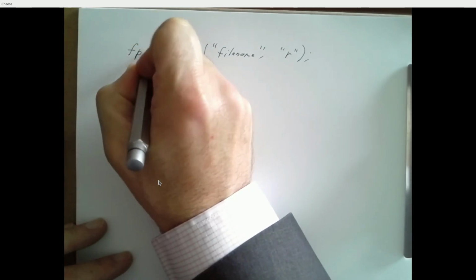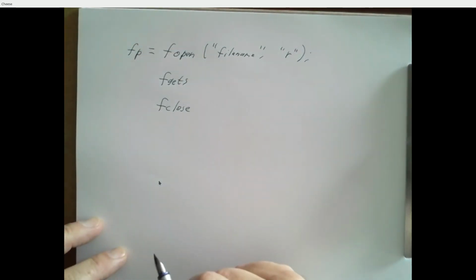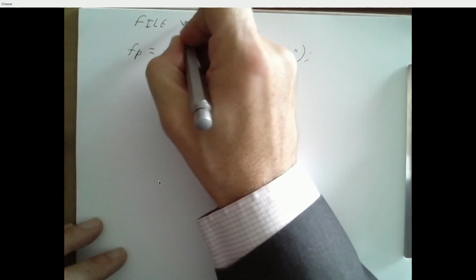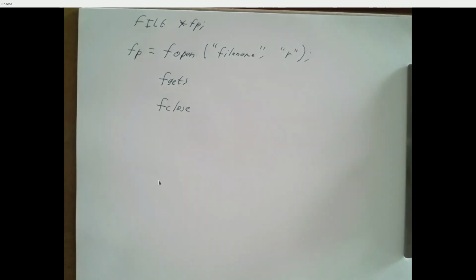And this returns some information into a variable whose type is uppercase FILE, and it's a pointer to that. So if we say fp is a pointer to this FILE object, and then we set fp equal to the result from fopen, fp is now an input stream.